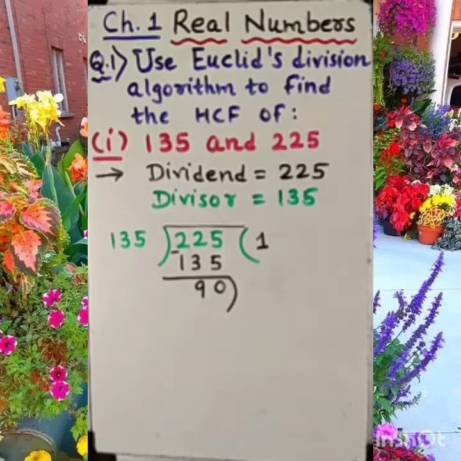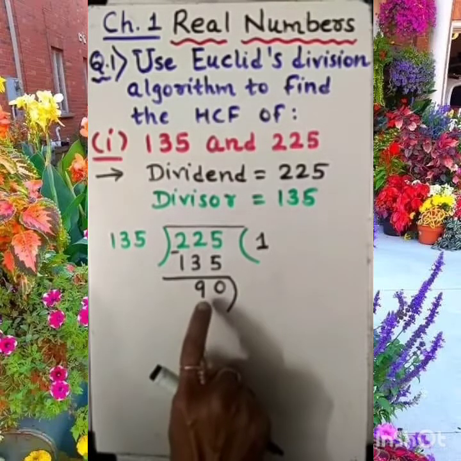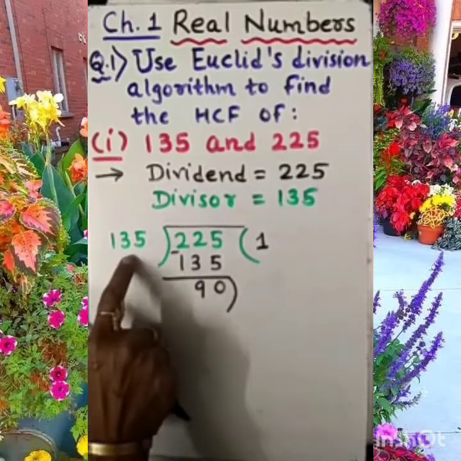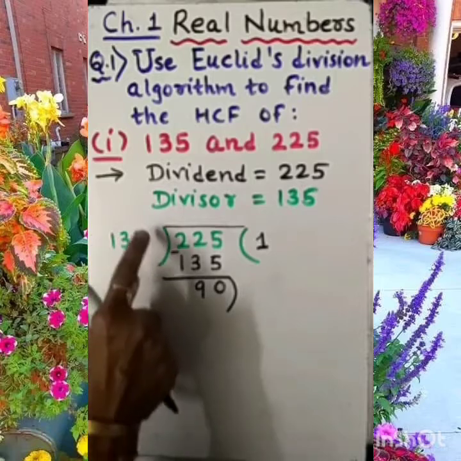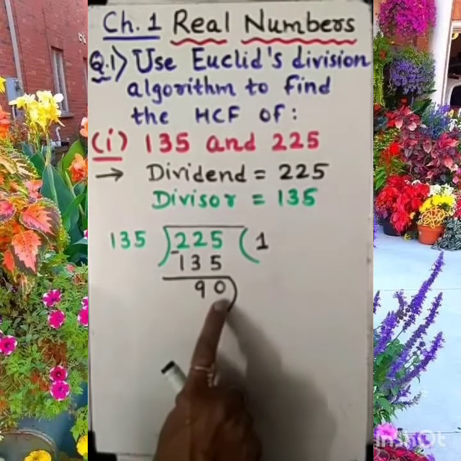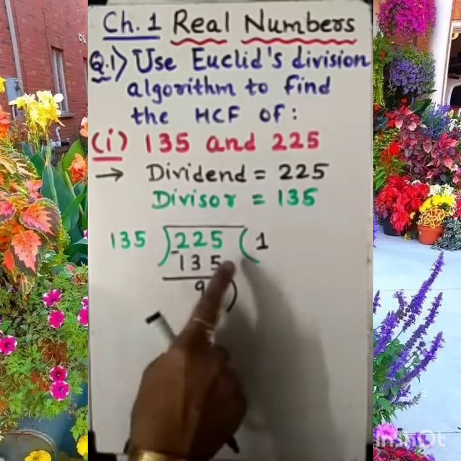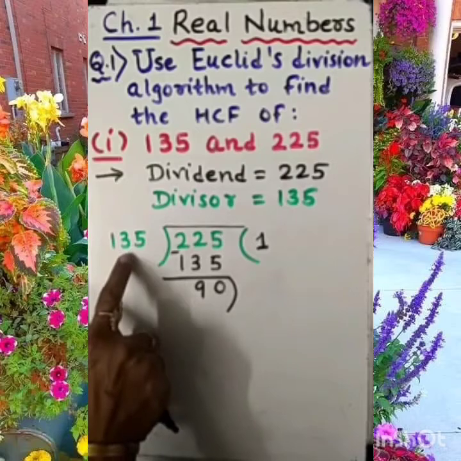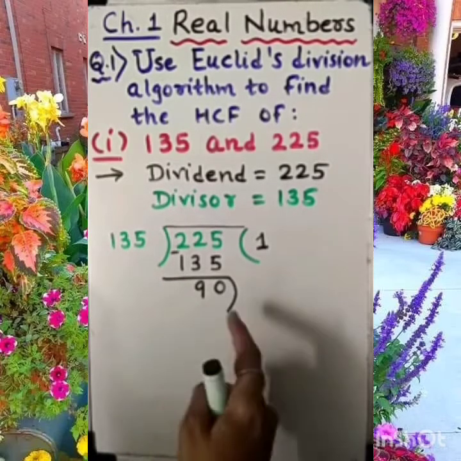The division algorithm says if the remainder is 0, then the divisor is the required HCF. Whatever the divisor, that will be the HCF of these numbers. Clear? But here you can see, dear student, the remainder is not 0. What is the remainder in the first step after dividing the bigger number with the smaller number? It is coming 90. So the process will go on.